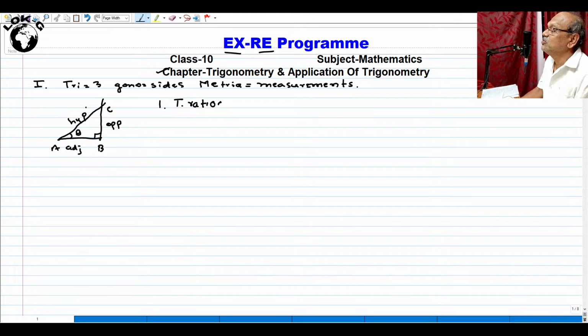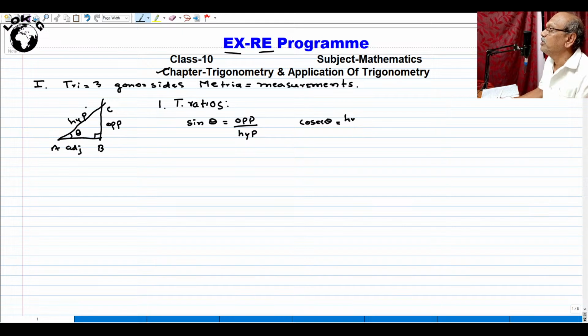So these ratios are defined as follows. The sine of the angle theta, in short sine theta, is given by the ratio of opposite upon hypotenuse. If you take the reciprocal of this, you get the cosec ratio. Sine and cosec are reciprocal relations.